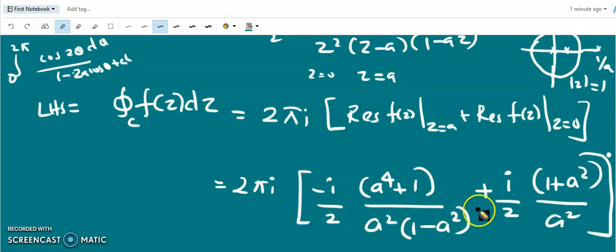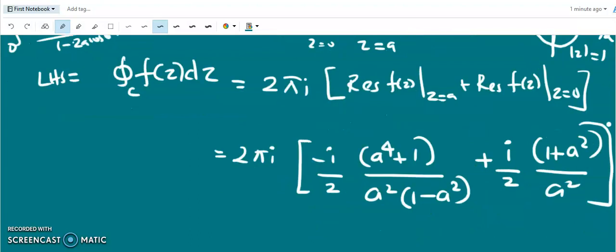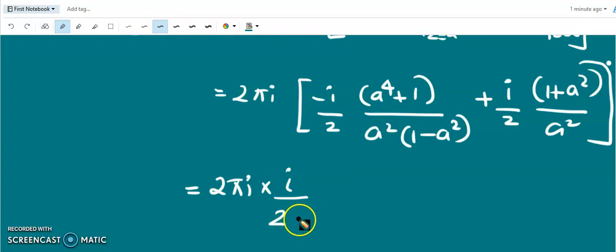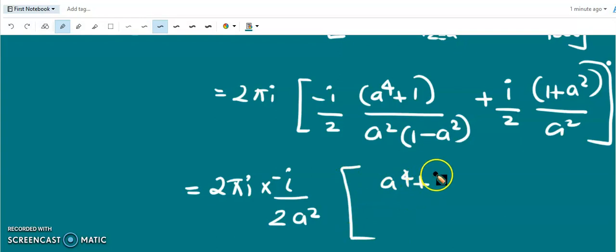So here, in both of these, i by 2 a square is a common factor. So we can write it as 2 pi i into i by 2 a square. Or we can take minus i outside, minus i by 2 a square into a to the power 4 plus 1 by 1 minus a square, minus.